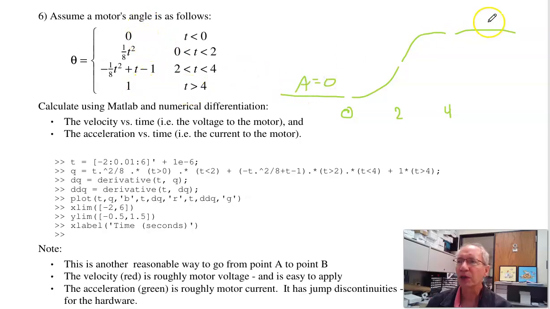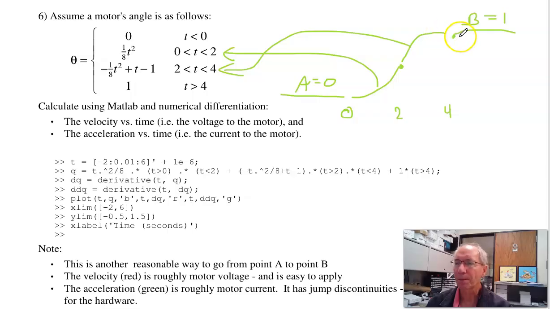For t bigger than 4, I'm at 1, that's point B. Between 0 and 2, that's t squared over 8. Between 2 and 4, working it out, this is a parabola that starts out at a half, winds up at 1, slope at 1 is 0. I guess that's all you need. That's this function.